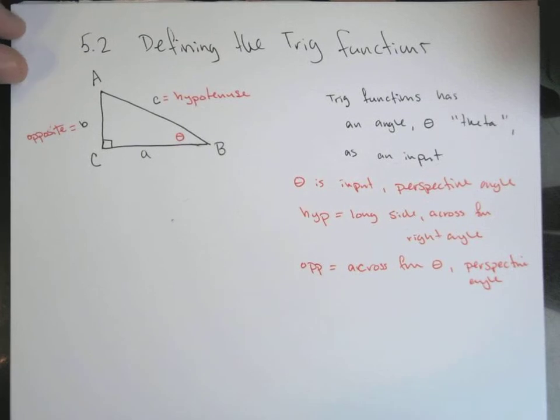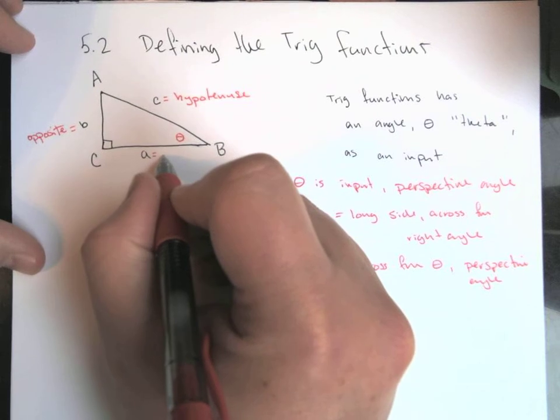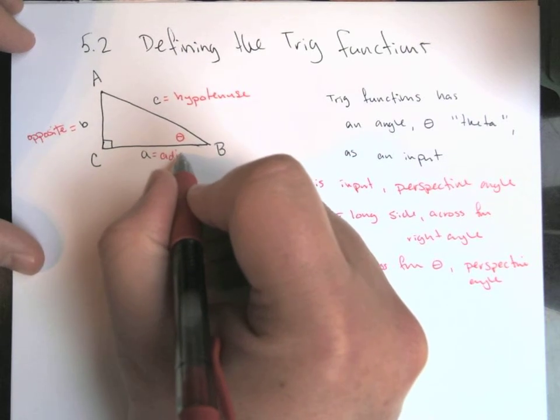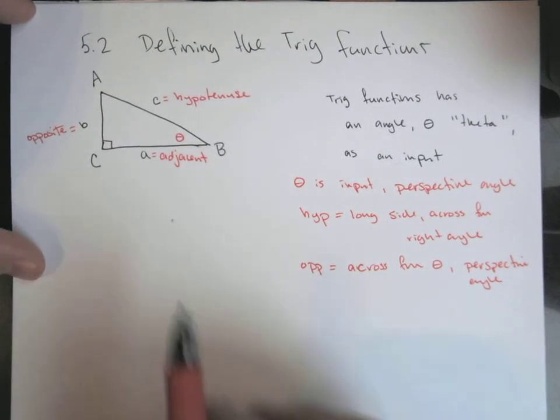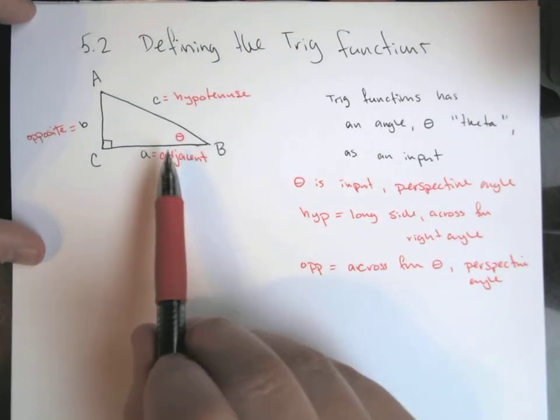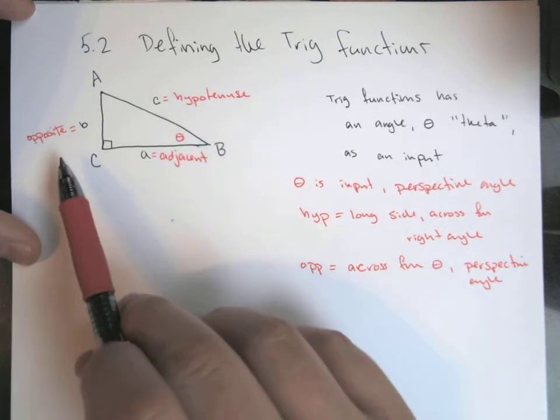Then by default, the third side, which I said is the adjacent, must be side A in this particular setup. Adjacent, right, kind of means next door or next to. So opposite means across from, and adjacent means next to. So you can see why this is named that way, right? This is the side that's next to the angle that's not the hypotenuse, and then the opposite is across from it.